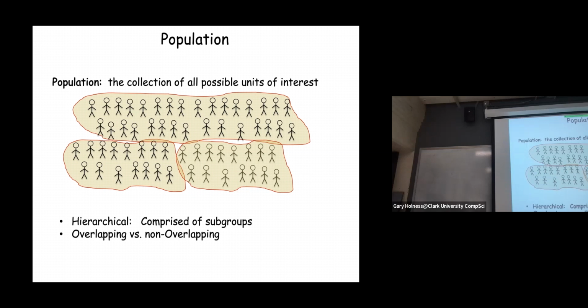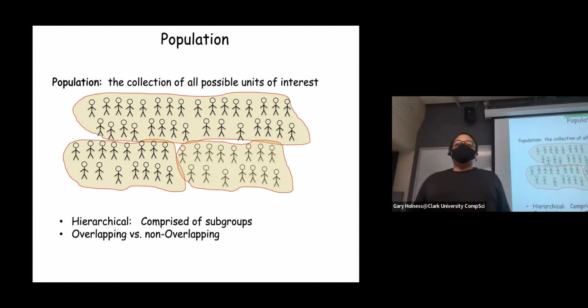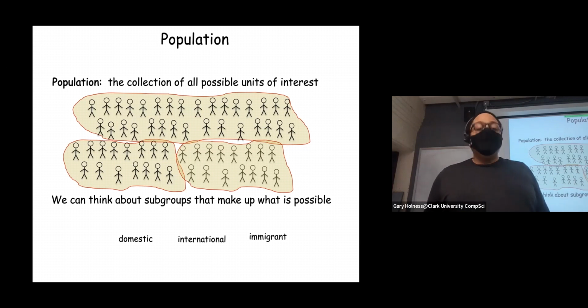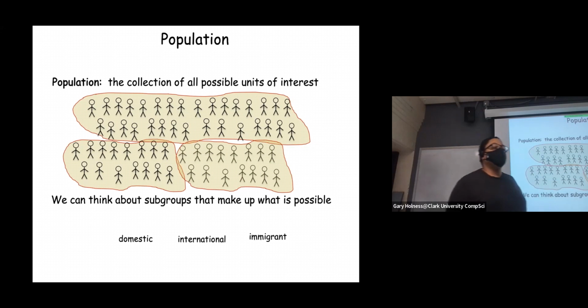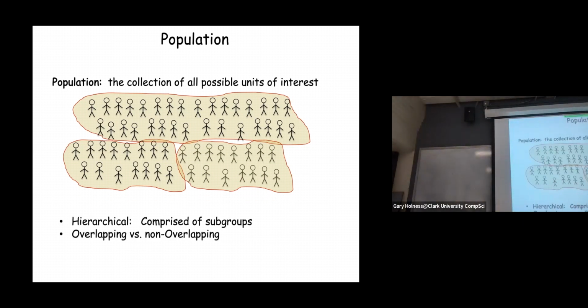You have the whole group, one level, the partitioning, and these partitionings, for the sake of discussion, they do not overlap with one another. But absolutely, you can have a freshman who is an international student. You can have a commuter who is an immigrant. And so the membership to these groups that you hypothesize or that you invent or think about, you design, can either be overlapping or they can be non-overlapping.